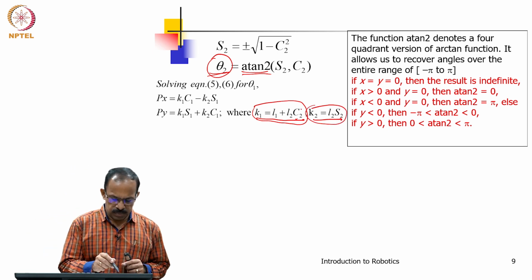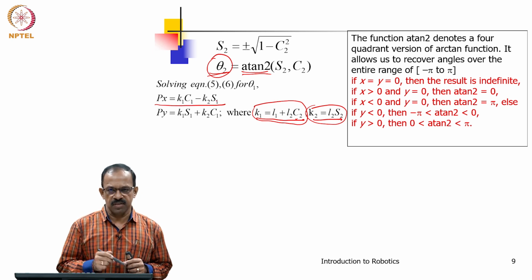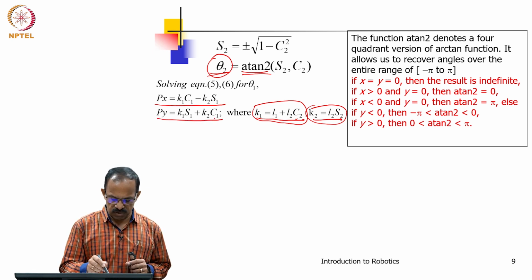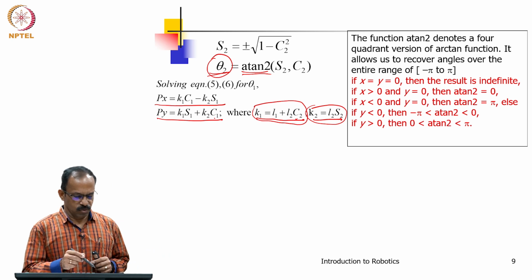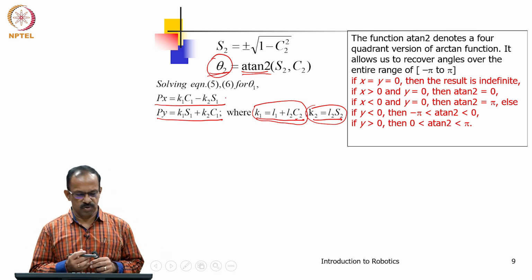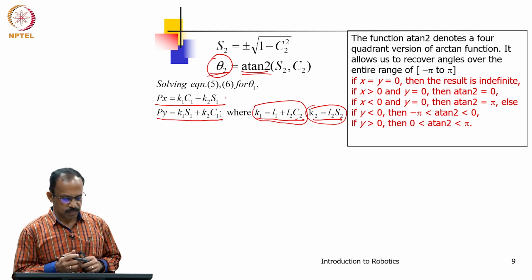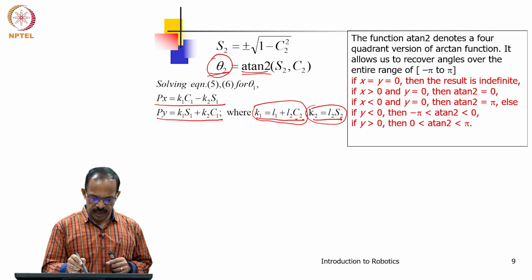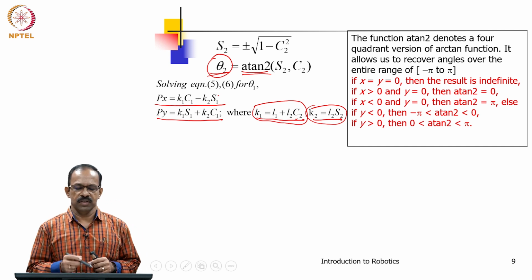And then we write Px is K1 C1 minus K2 S1 and Py is K1 S1 plus K2 C1. So, Px and Py are expressed in terms of theta 1 here. Since K1 and K2 are known, these are all constants.